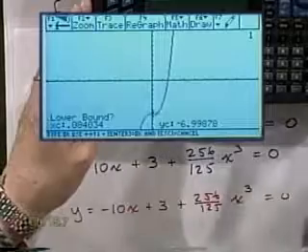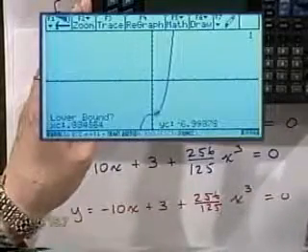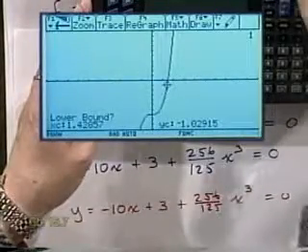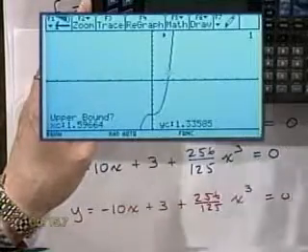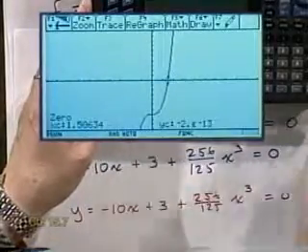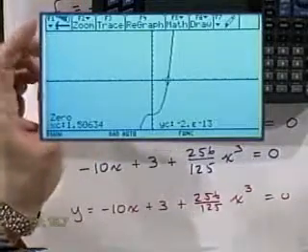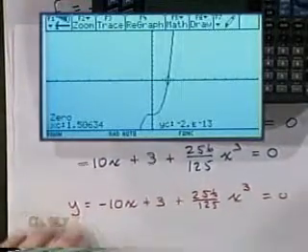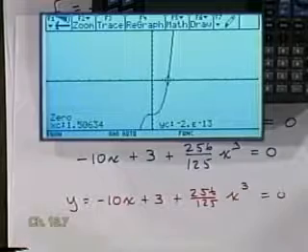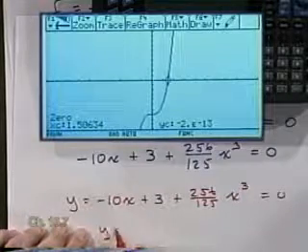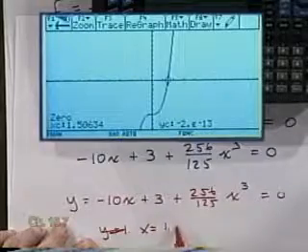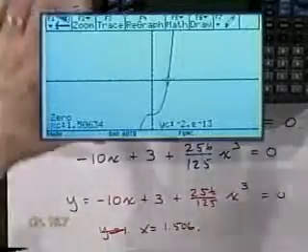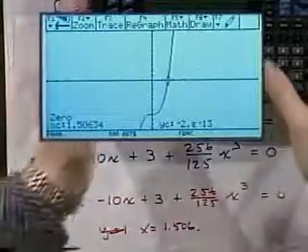To get a 0, they want a lower bound, so they want you to give an x value to the left of where it's crossing the x-axis, which is right there. Then I want an upper bound, and it's giving me 1.506, which I don't really like. X is 1.506. So let's go back and check my work, because I did this before and I didn't get the same answer.